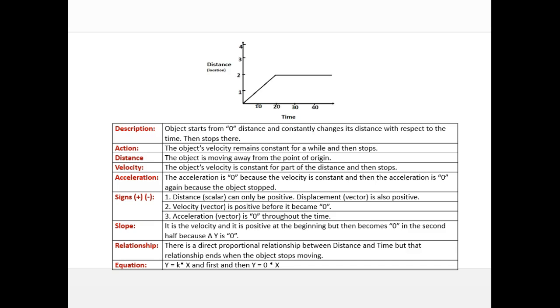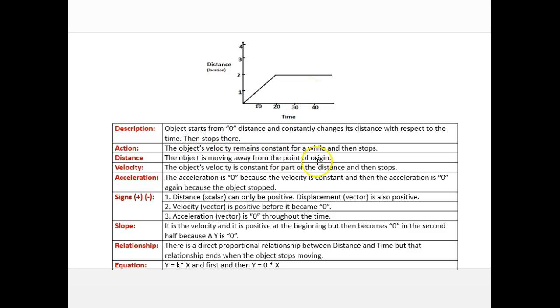It's changing the distance with respect to time, and then the object stops moving. So the object stops moving as indicated by this straight line. See, the distance goes up to 2, which is here, and it stops. But in this case, that is very possible because the time still continues, which is what happens. If something stops, time doesn't stop.